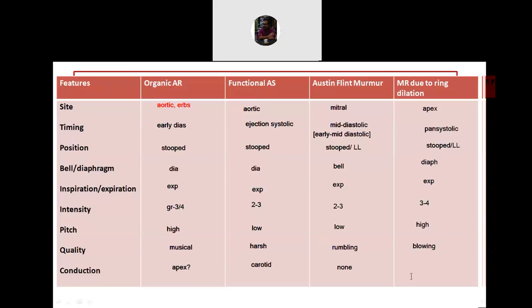There will be lower left parasternal heave and in severe cases, epigastric pulsation, epigastric impulse. If there is right ventricular failure, typical signs of engorged neck vein, pedal edema, hepatosplenomegaly, and ascites might appear.